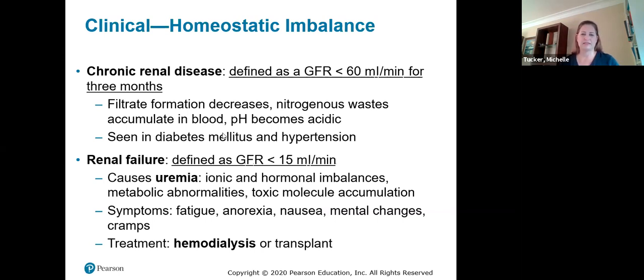It can be seen in diabetes and hypertension. Also, sometimes exposure to different toxic chemicals can damage kidneys as well. Renal failure is defined as a glomerular filtration rate less than 15 mils per minute. A patient's probably going to be put on dialysis well before this, somewhere between here and here, because you don't want a kidney to get to failure.